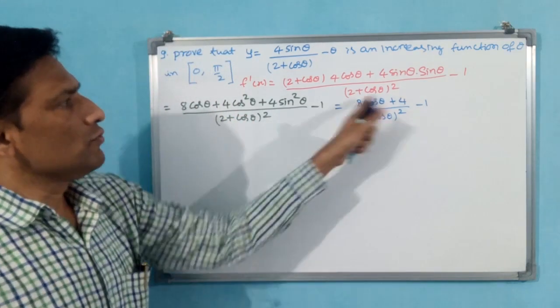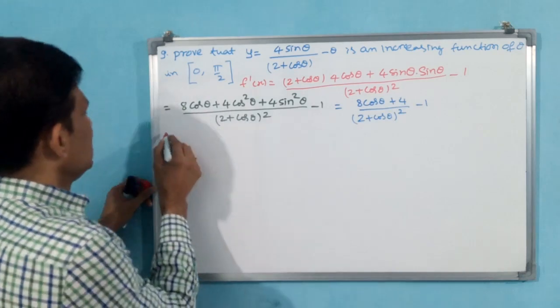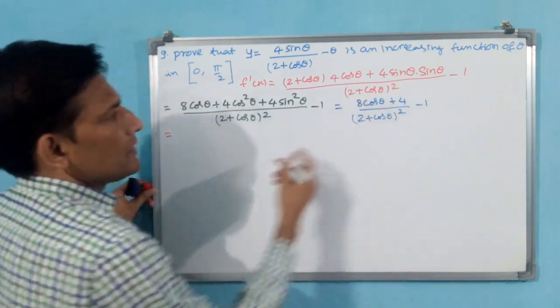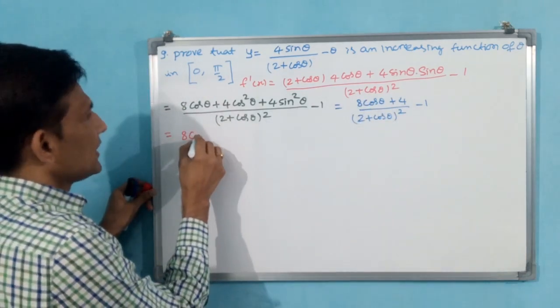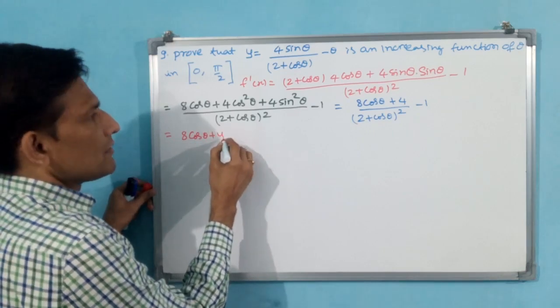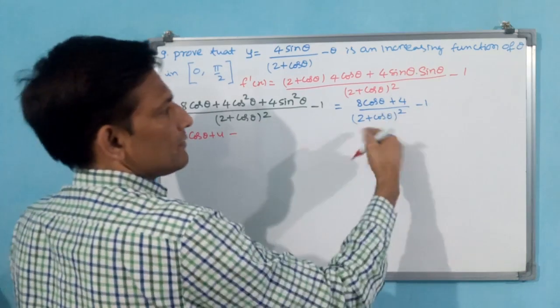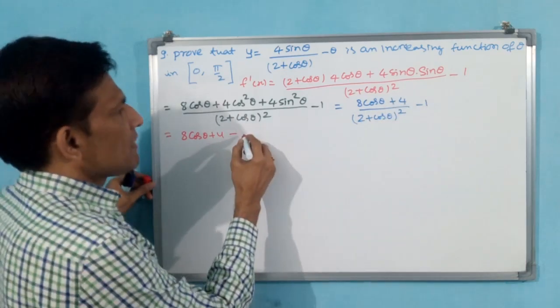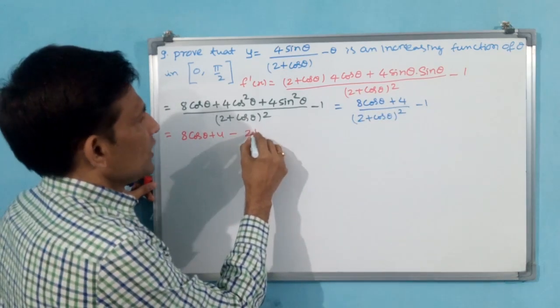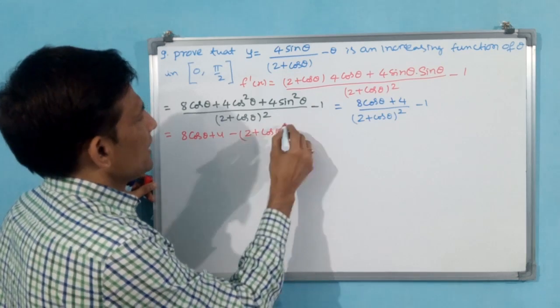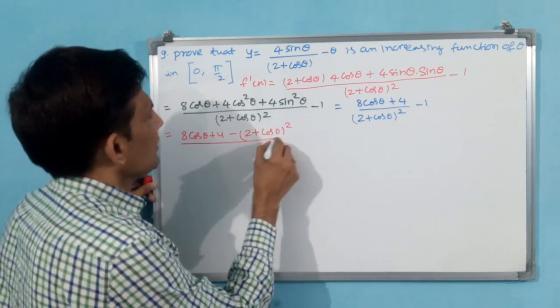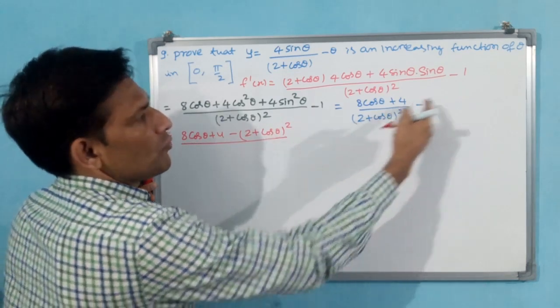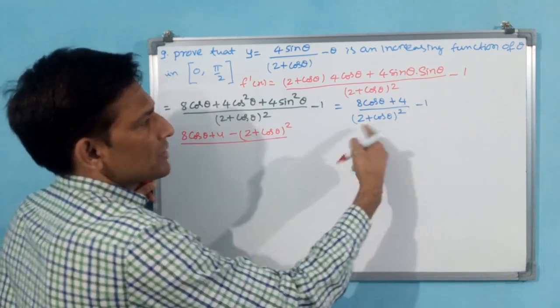See what you have to do. You have to cross multiply it. 8 cos theta plus 4 minus. Okay. See, you are okay. You can make one more step. No problem. 2 plus cos theta whole square divided by 2 plus cos theta whole square.